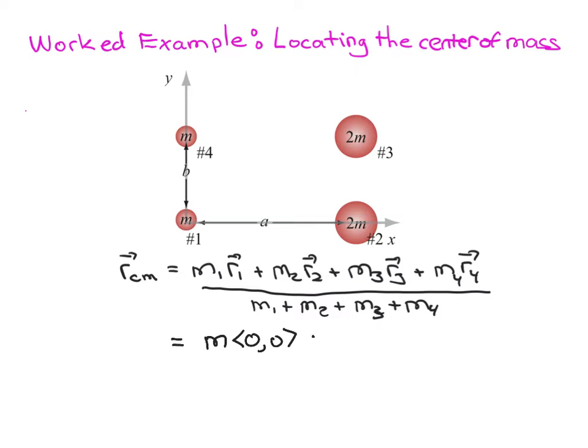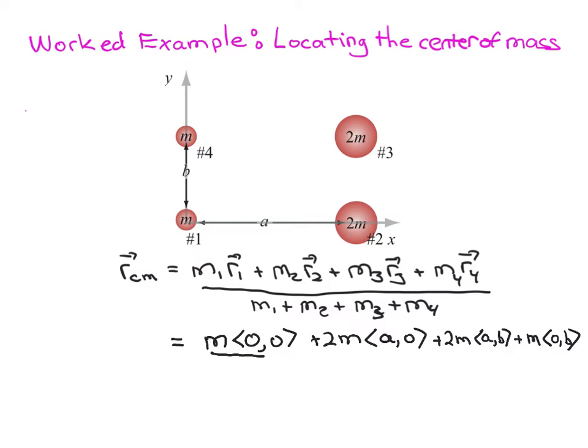Mass number 2 has a mass of 2m, with an x-coordinate of a and a y-coordinate of 0. Mass number 3 is also 2m, with coordinates a, b. And finally, mass number 4 has a mass of m, and its coordinates are 0, b.